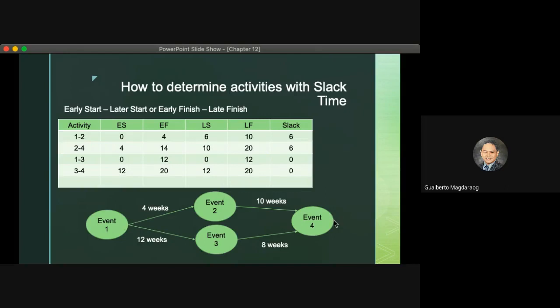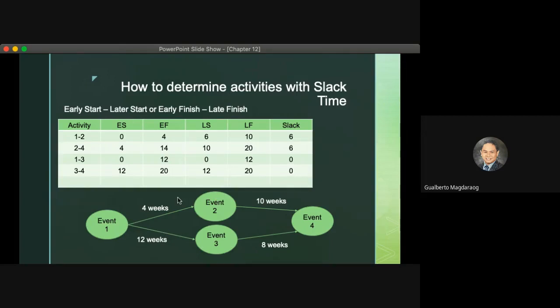That's the late finish. Since it requires 10 weeks, the latest start of 2 to 4 is 10 weeks. And if that is the latest start, that will become the latest finish of event 1 to 2, 10.